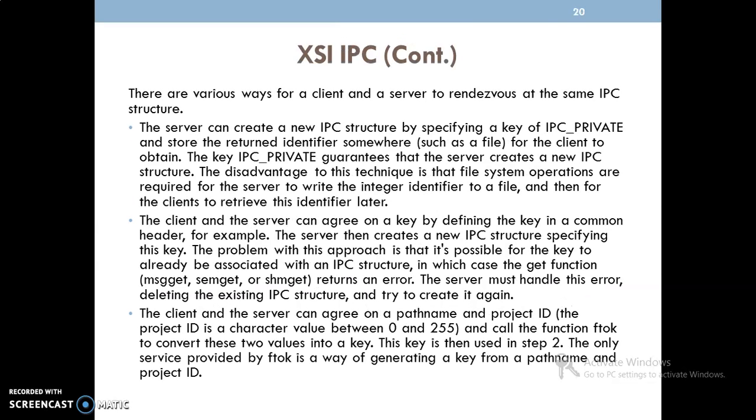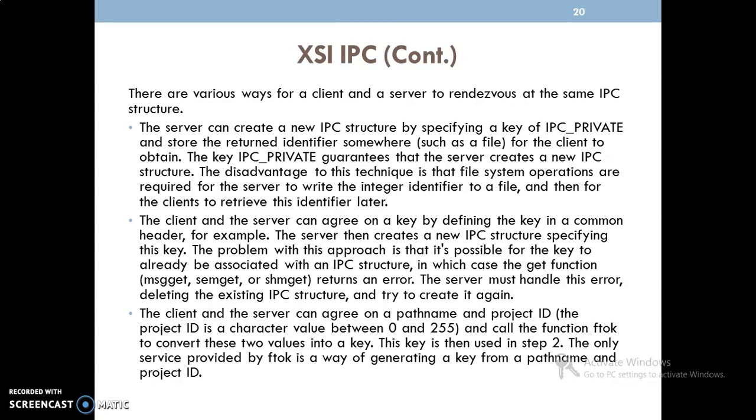There are various ways for client and server to communicate with the same IPC structure. For that concern, we are allowing three options. A server can create a new IPC structure by specifying the key IPC_PRIVATE and store the returned identifier somewhere for the client to obtain. The key IPC_PRIVATE guarantees that the server creates a new IPC structure.